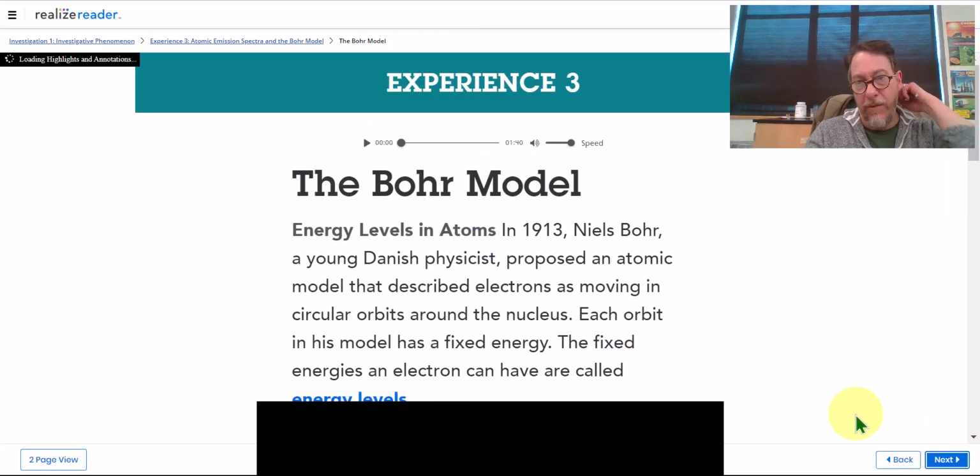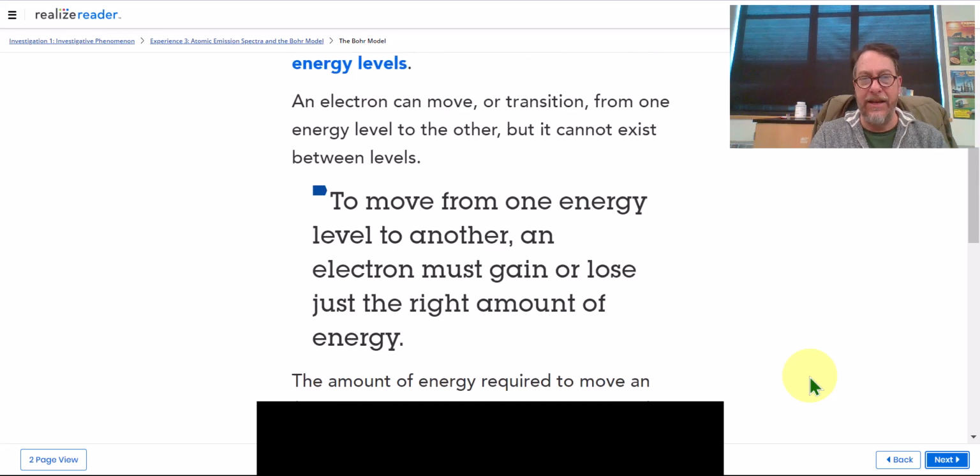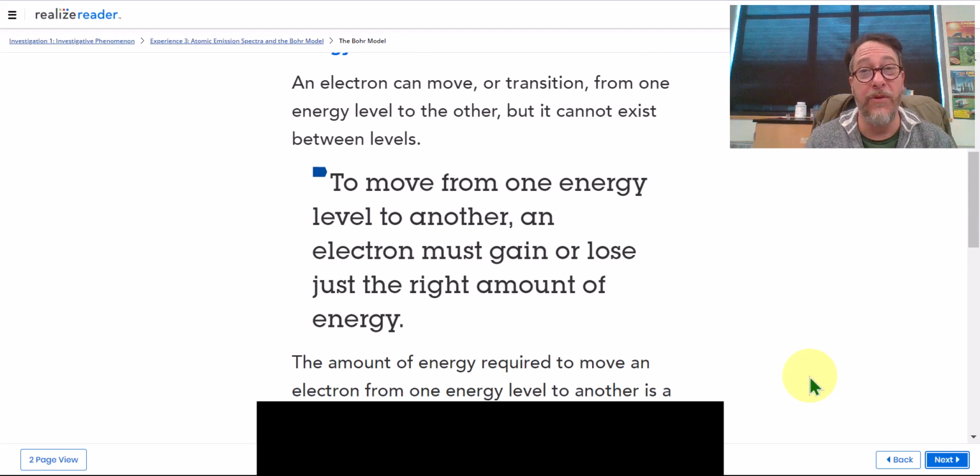The question is, where do those bright lines come from? And it turns out that a fellow named Niels Bohr figured this out. And I'm using the book as a point of reference, by the way, because this is what you need to be looking at anyway.